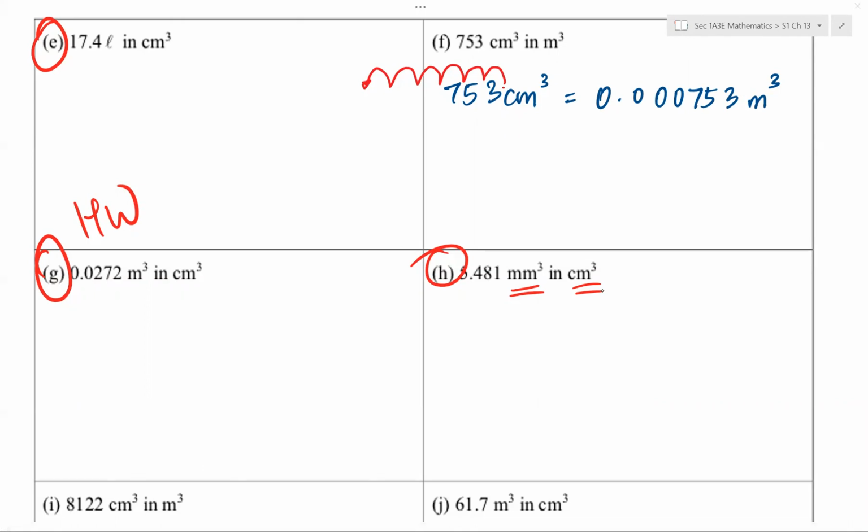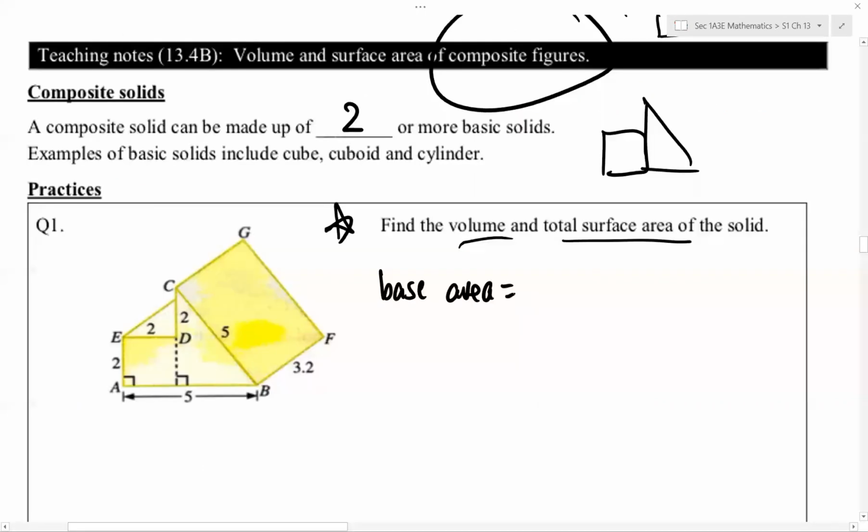You have 2 minutes. So in this case, base area, we've got 2 square. That is the square. Plus half times the base. The base of this triangle, 5 minus 2, we get 3. And the perpendicular height, 2 plus 2, 4. This is our base area.